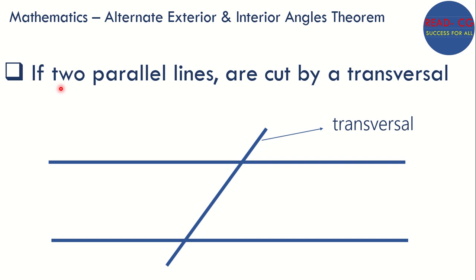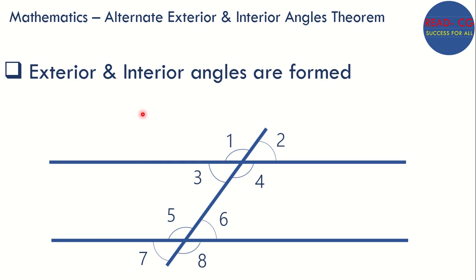If two parallel lines are cut by a transversal, so here this is a transversal. Now here exterior and interior angles are formed.